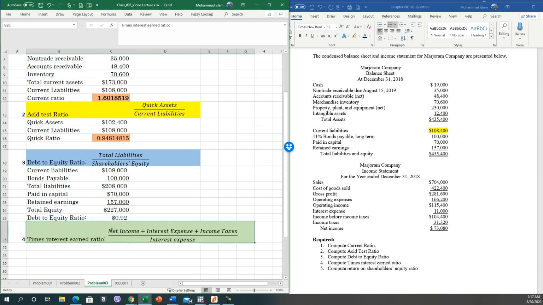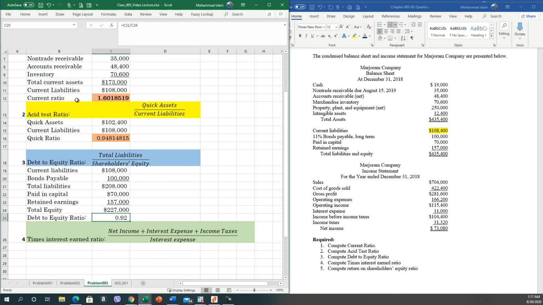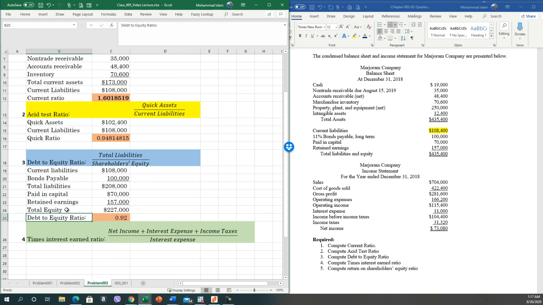Again it is showing a dollar sign, but it is not correct. It should just be a number. Okay, 0.92. What we can do is format this one as a number. Okay, now here you go. So this is our debt to equity ratio.